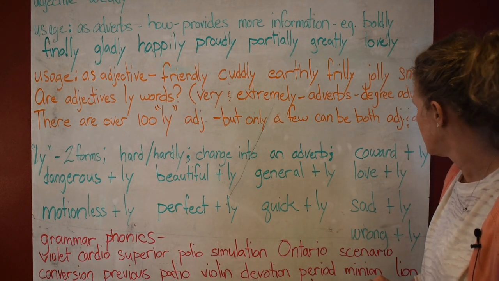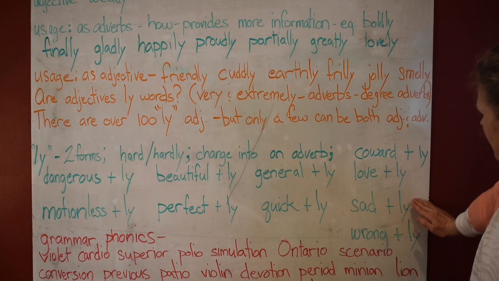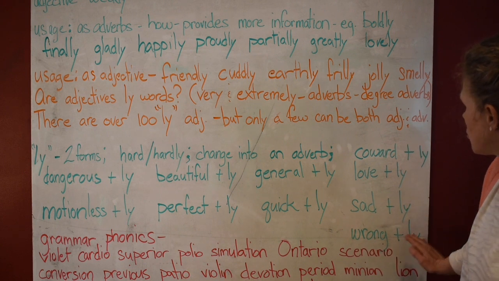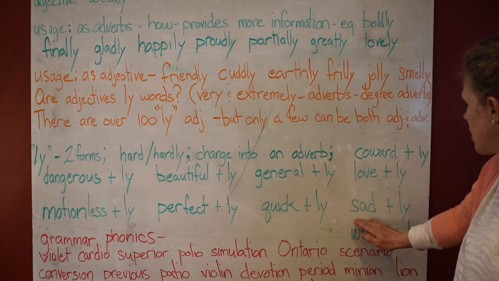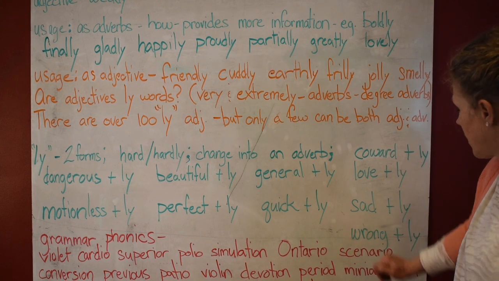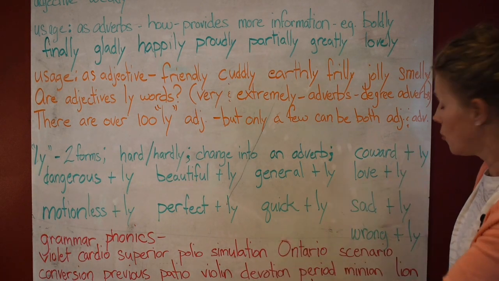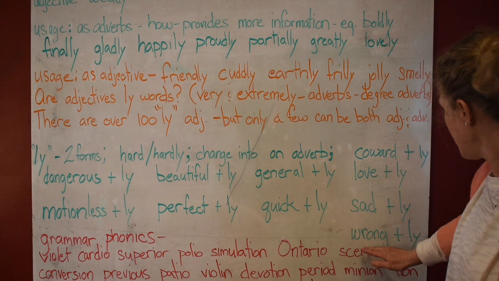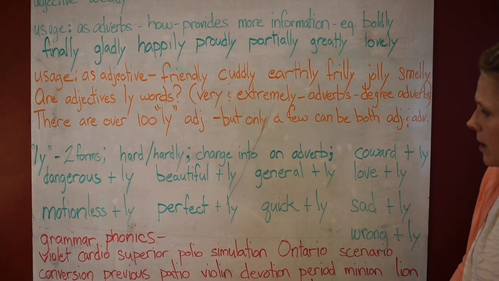Quickly. Sad plus ly. Sadly. Wrong plus ly. Wrongly. So you're going to take this verb and add on your ly and change it into an adverb, right? You're going to take this verb and add your ly and change it on how, okay? And it's going to be wrongly, and it's become an adverb.